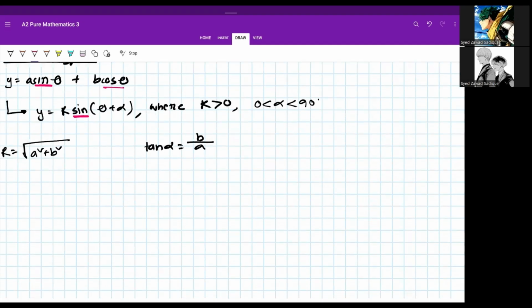If they say r sine theta plus alpha, then the one with the cos is b and the one with the sine is a.